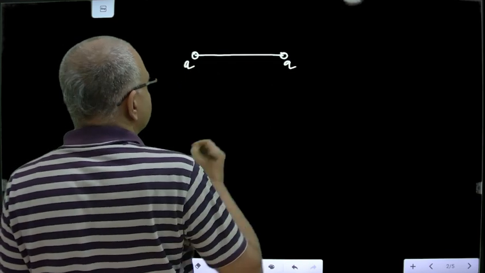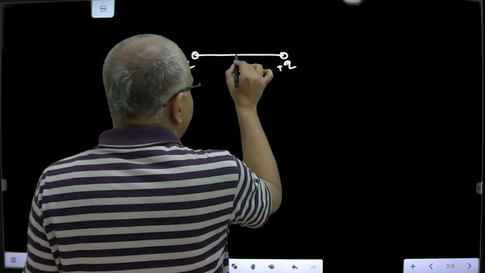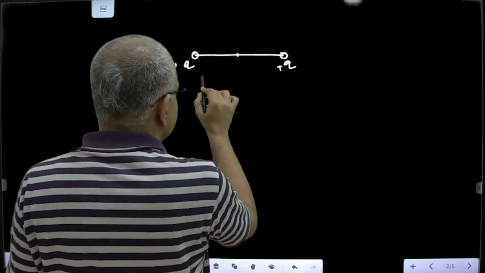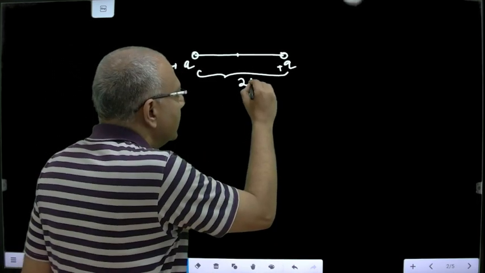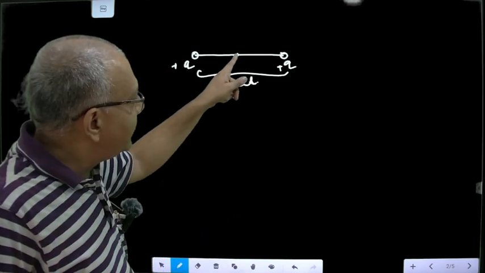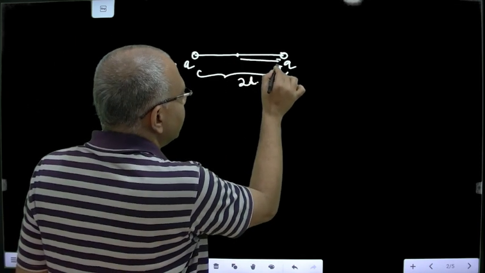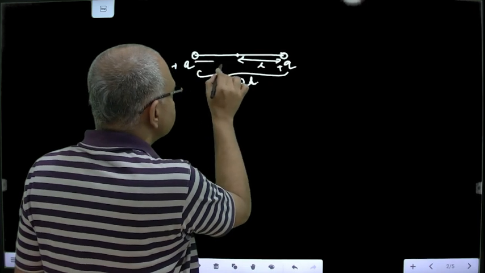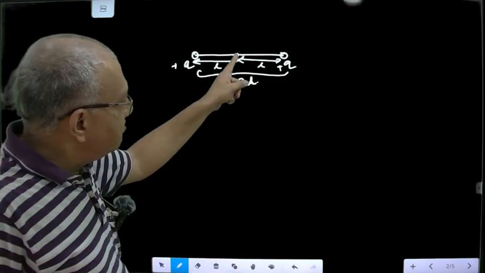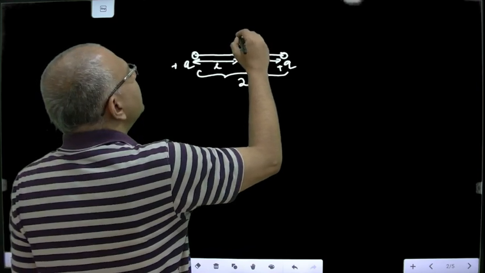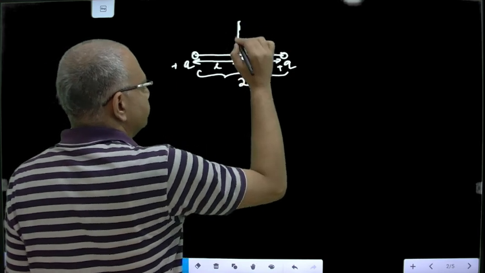Both Q are positive, and the distance is 2L in total. I'm going to take a middle point, so this length will be L and this one will be L. Now, from the middle point, we are taking a point like this one.